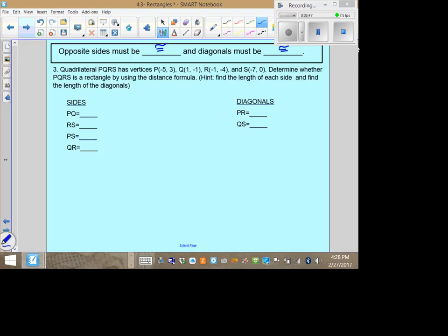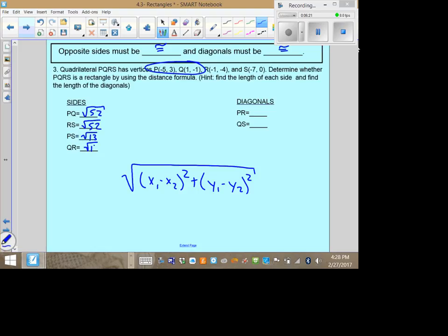Looking first at the distance between different points, the distance between P and Q. Remember our distance formula is the square root of x1 minus x2 squared plus y1 minus y2 squared. Using this formula, we're going to get the square root of 52, and then the square root of 13.